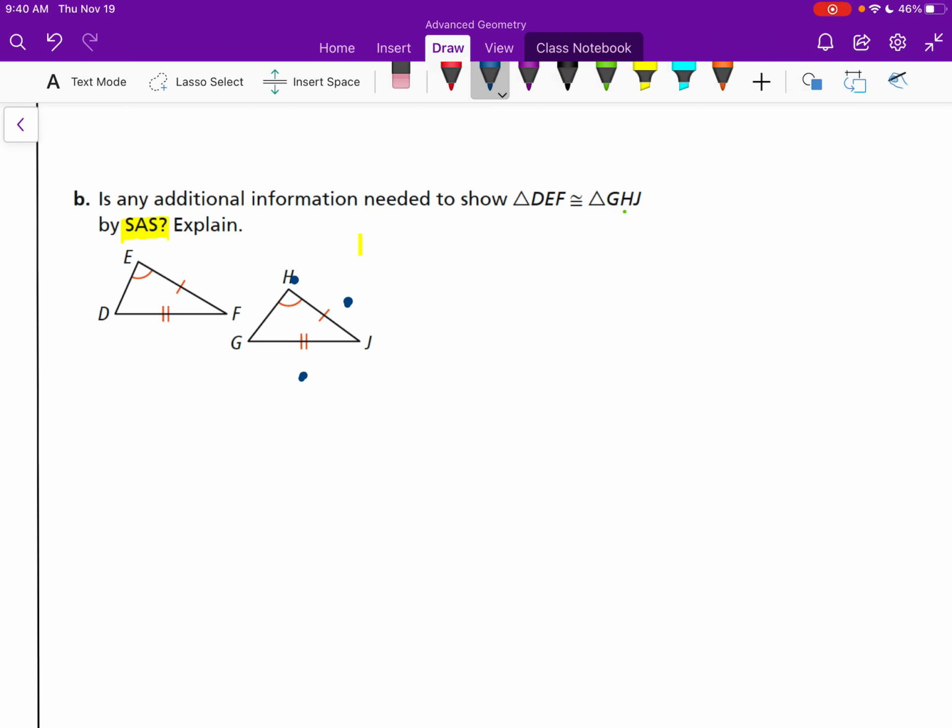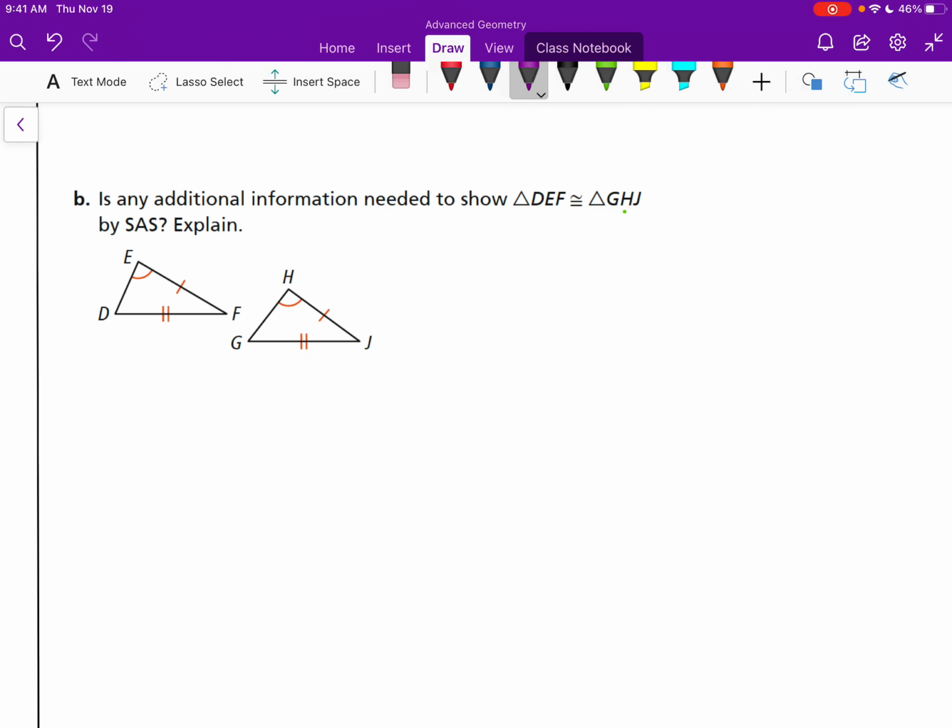Well, that is not side angle side, what we're trying to work with right here, because the angle is not between the two sides. Side angle side means you need the congruent angle to be included between those two congruent sides. And here we can see that this congruent angle is not between the two sides.